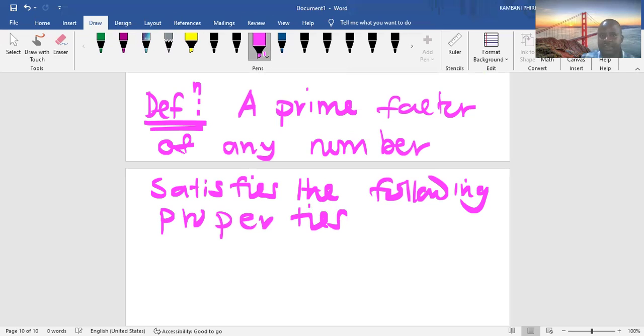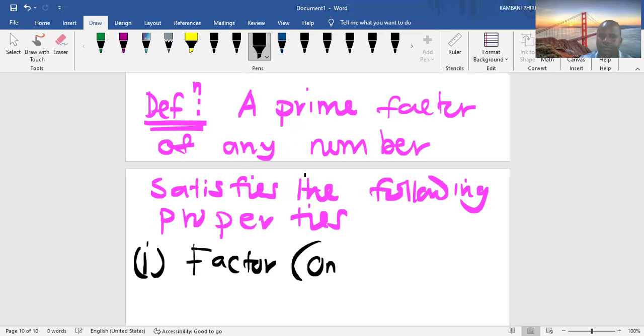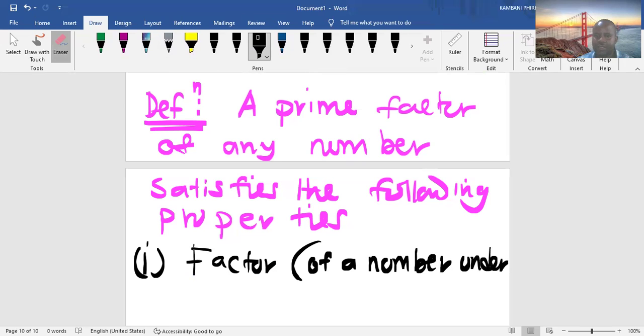What are these properties? Number one, it is a factor on its own. Or just say it is a factor of a number under consideration, the number that you are looking at.